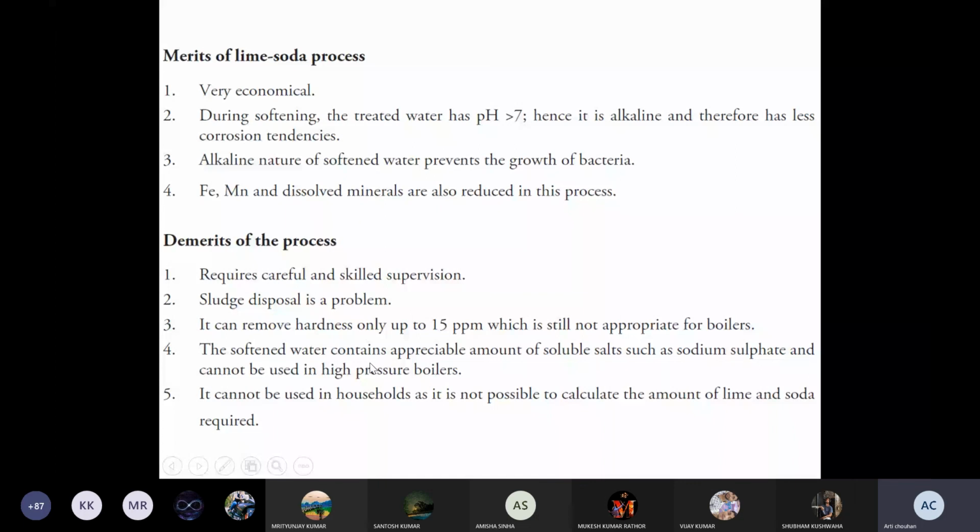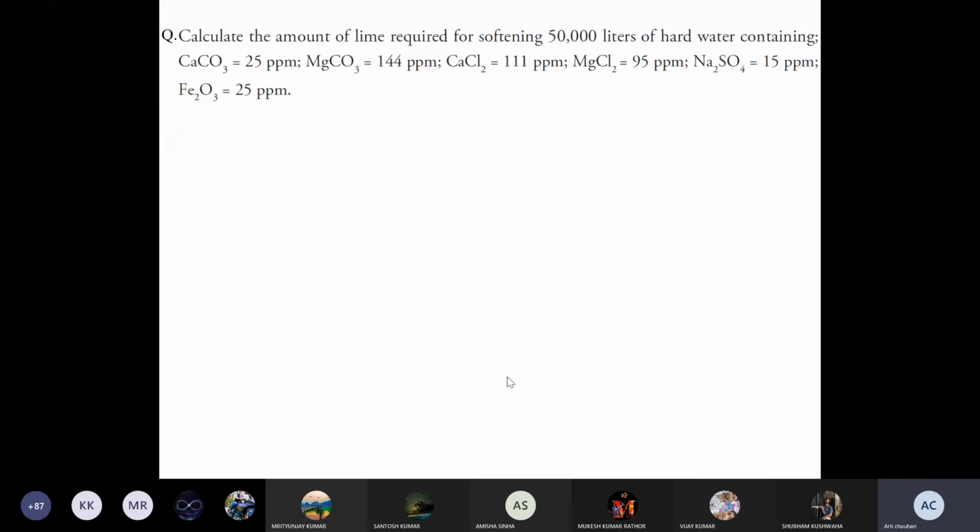For high pressure boilers, there will be a need for processes where even soluble salts like sodium sulfate can be removed. Okay, we will discuss these processes in our next class, because today we do not have that much time. We can only discuss 1 or 2 numericals.